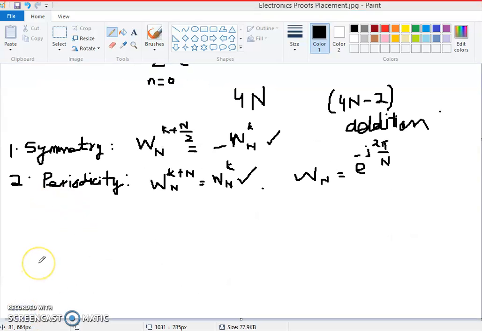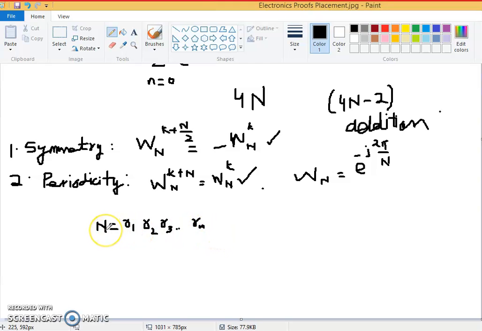How to do the fast Fourier transform? Basically what we do is we divide this N into a range of multiples, r1, r2, r3.